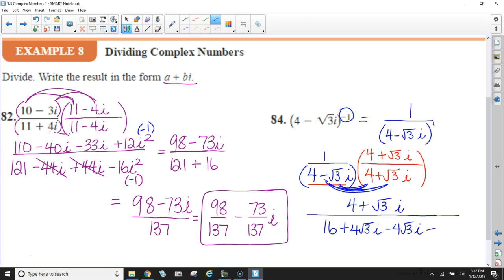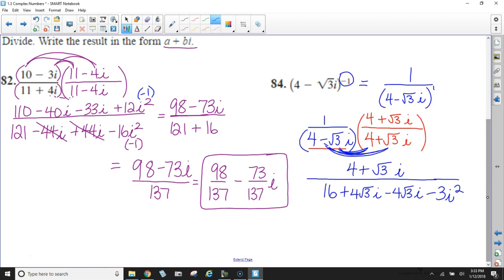Square root of 3 times square root of 3 is just 3. And then the i times the i is i squared. So in the numerator, we have 4 plus square root of 3i. And in the denominator, a lot of things simplify. 4 square root of 3i minus 4 square root of 3i falls out, leaving us with 16.